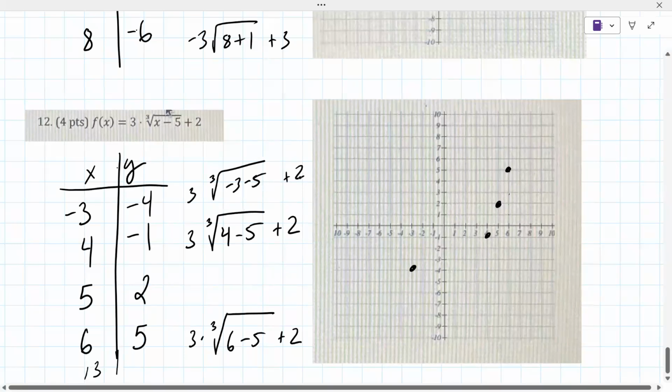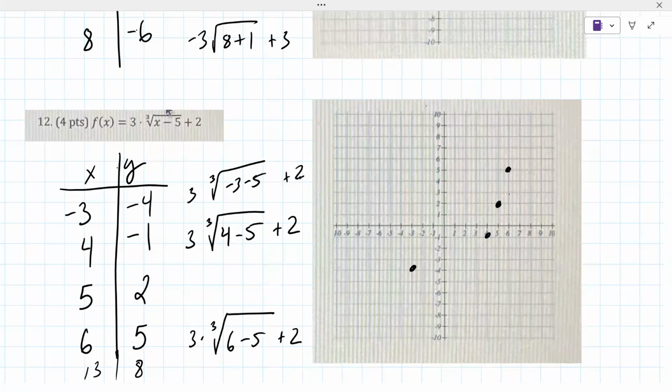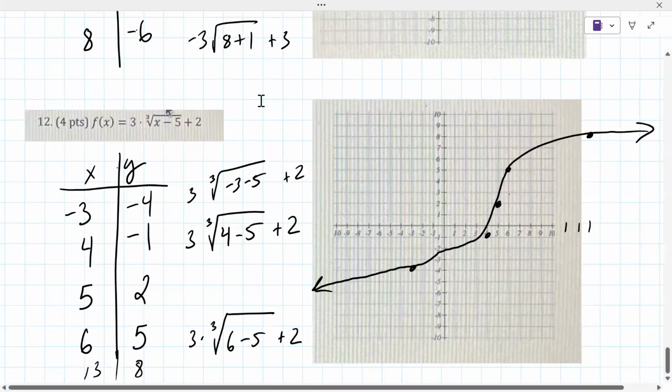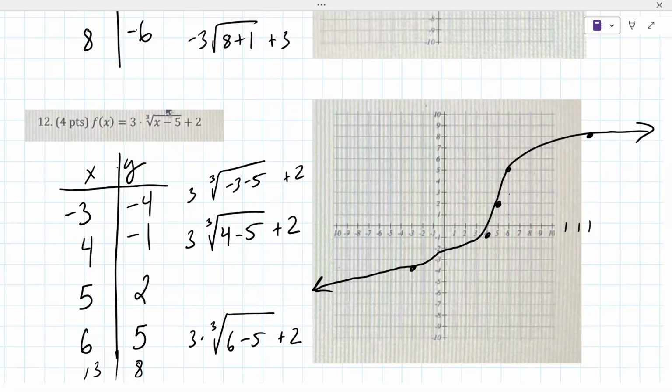So 13 is going to end up being 8, 13, 8. We really need this third point because it's got to have this sideways S shape. You can do a slightly better job than me at connecting the lines, but get the idea, hopefully.